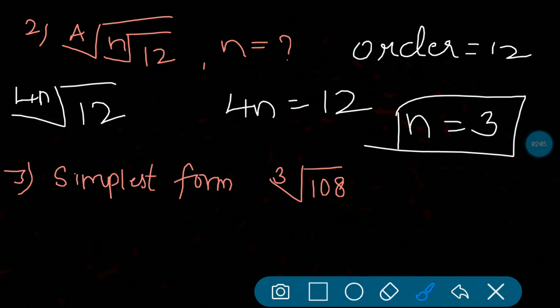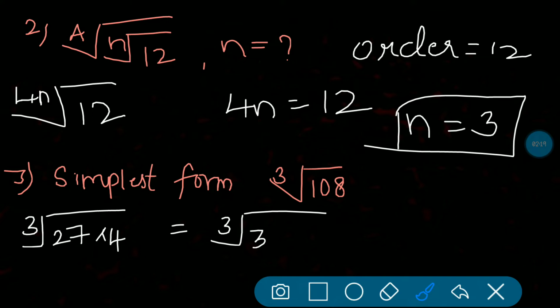Now third question we will see. Simplest form of the cube root of 108. 108 can be written as 27 into 4. Clear? Now that 27 can be written as 3 cube, multiplied by 4 as it is. You can just keep it like that.